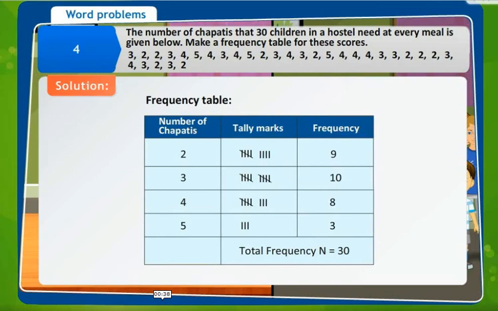It is a table in which the number of tally marks indicate the frequency, and hence it is called a frequency table. When the number of scores is very large, we use this frequency table to find the average. This average is a useful figure in the study of all branches including science, medicine, geography, economics and social science.